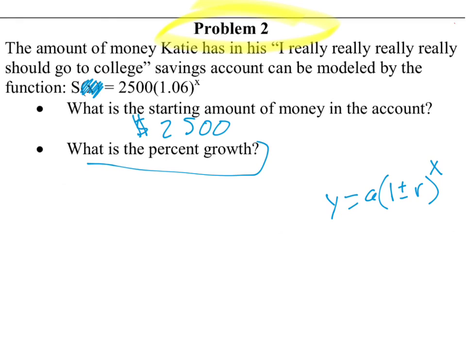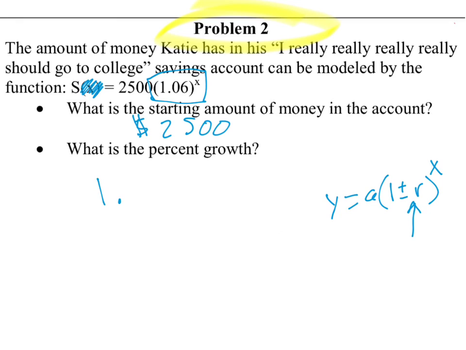And the next one is asking what is the percent growth. To answer that question, again, we're going to look at our little formula here, but we're going to look at what's inside. The percent growth is this number, but here it's the simplified version of it. And so you have to think, well, what number got added to 1 to make 1.06?